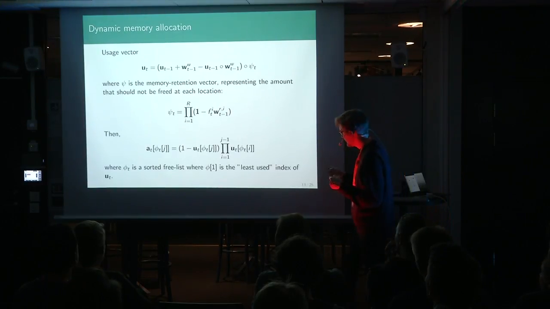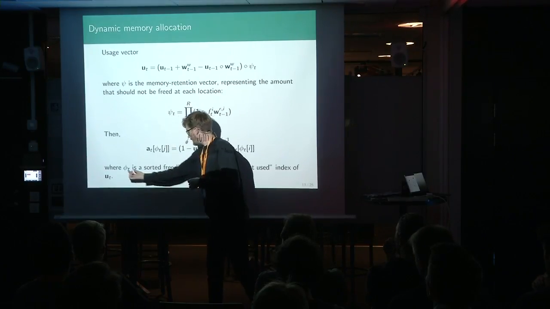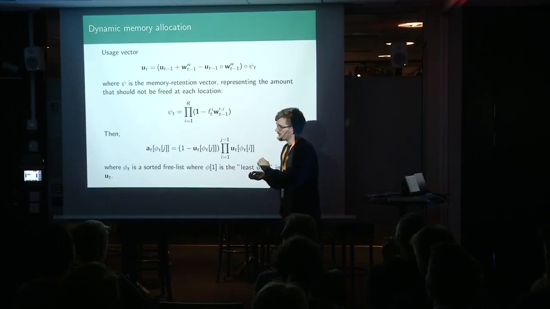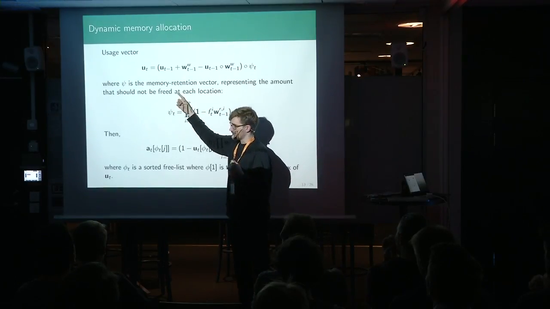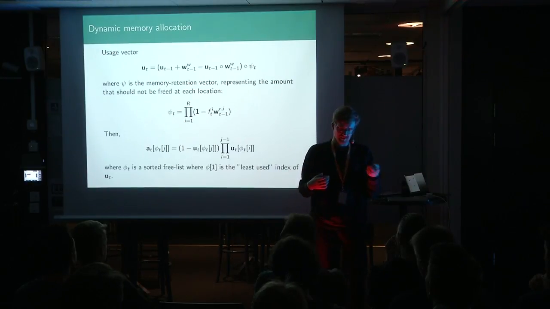You have this free list, which is this phi, which keeps track of the indices of the usage vector that are least important, that you can write over.